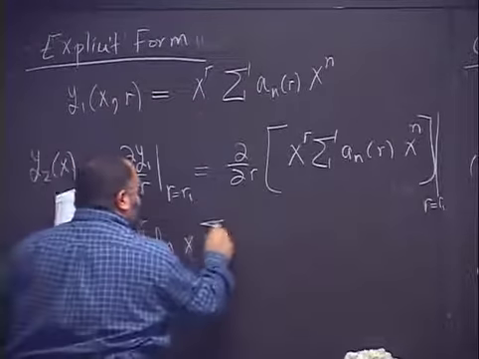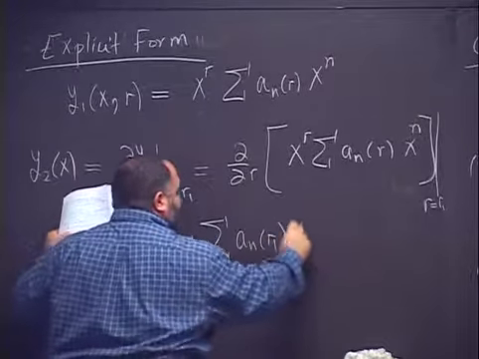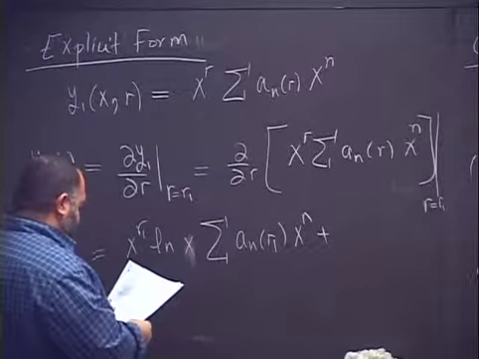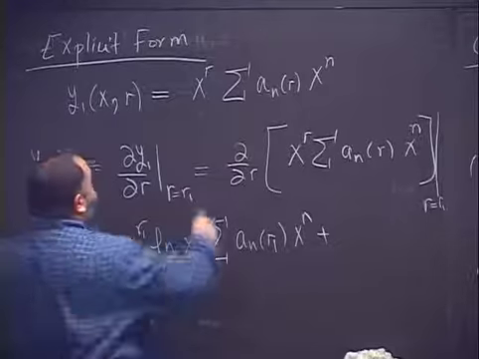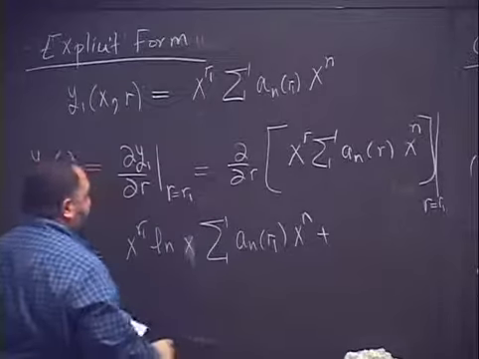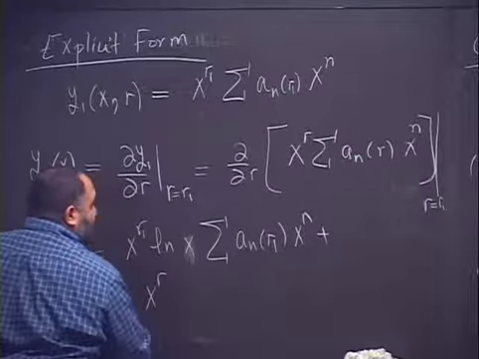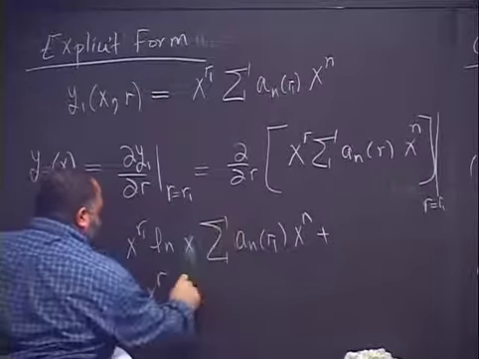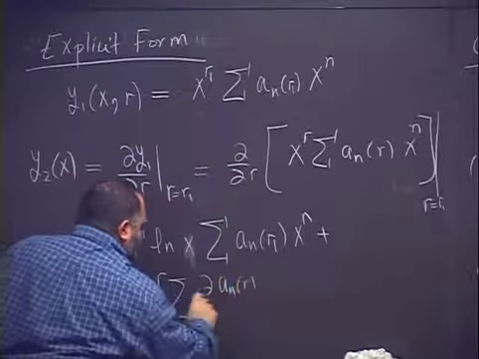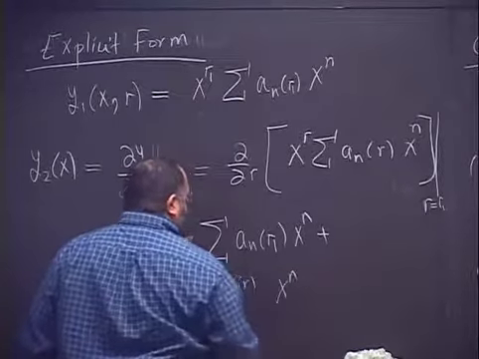Yes, multiplied by a_n of r1 x to the n, plus the second, x to the power of r, multiplied by the differentiation of the second. The differentiation of the second is d a_n of r by dr multiplied by x to the power of n.